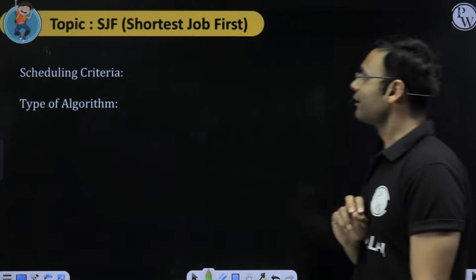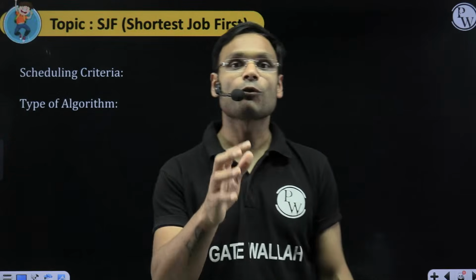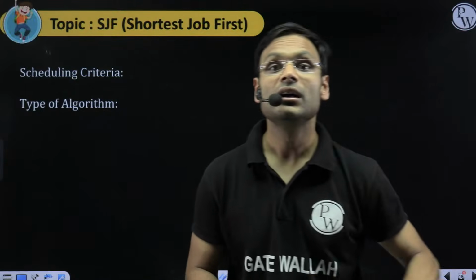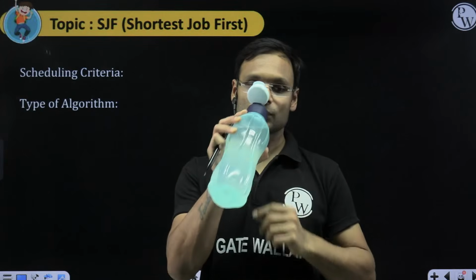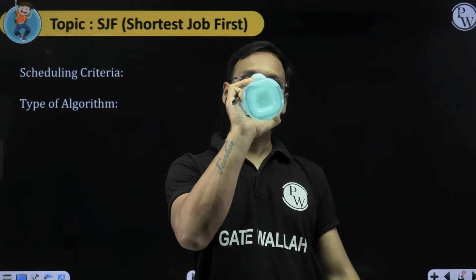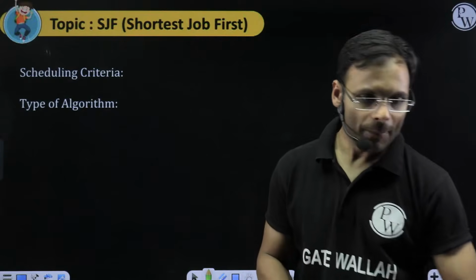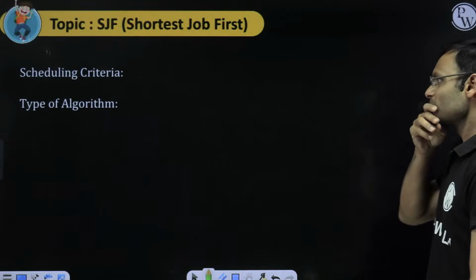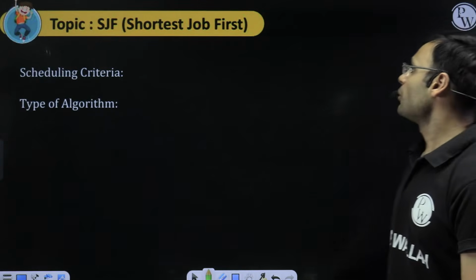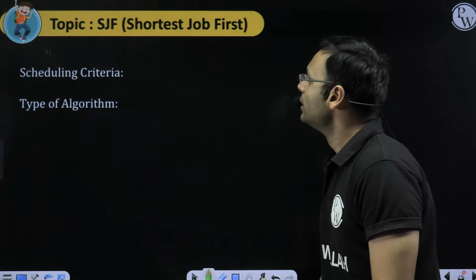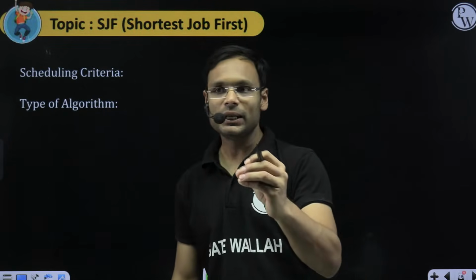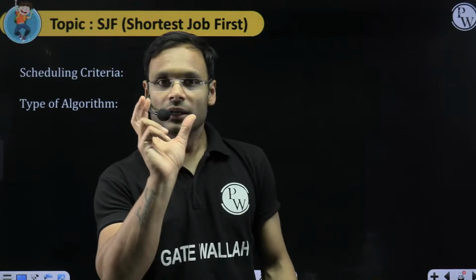Further, SJF. This is the solution of convoy effect which is happening in the FCFS. Look at this. Shortest job first, scheduling criteria. In shortest job first, the scheduling criteria is the burst time.